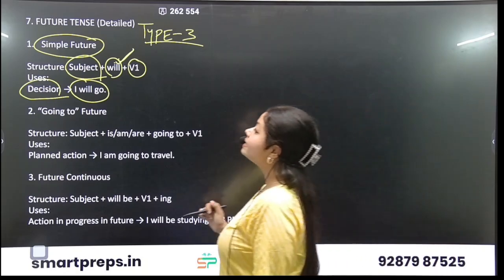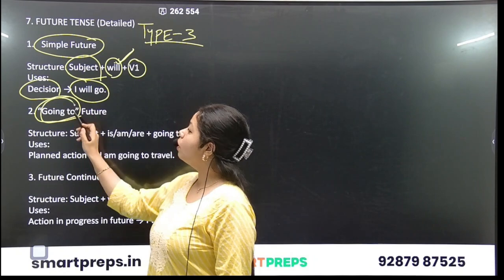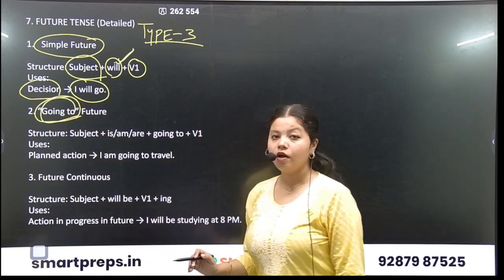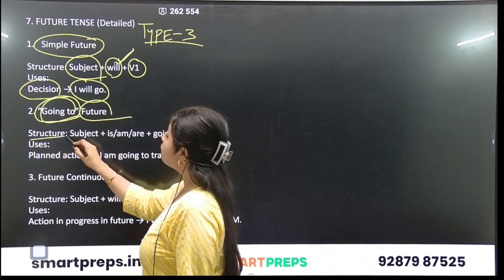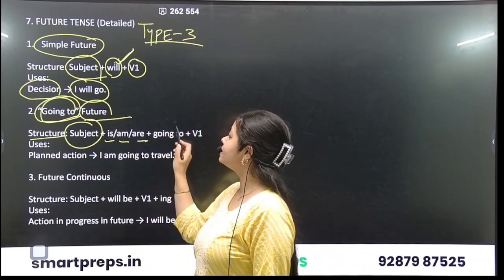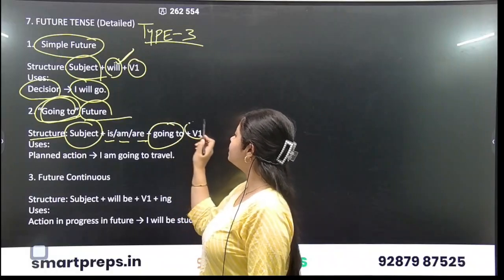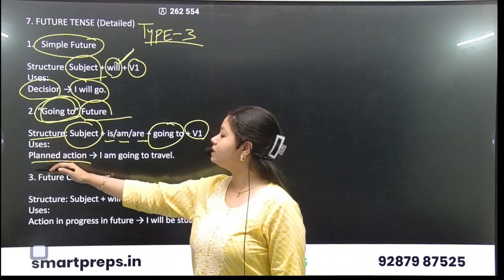Okay, next is going to. Okay, it means what? Future continuous, going to. So structure is what? Subject plus is, am, are plus going to plus verb 1. Okay, so planned action is what? Usage: planned action.